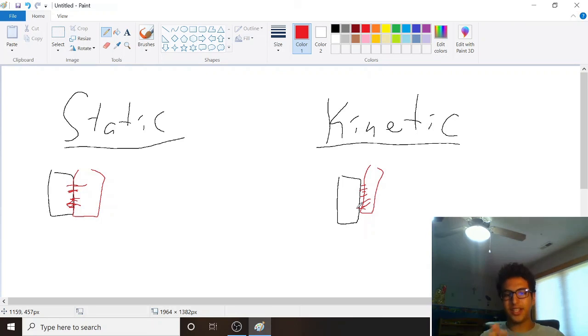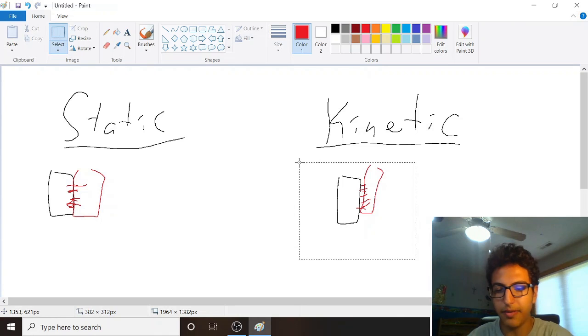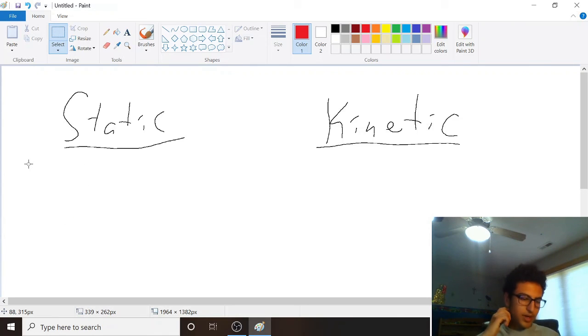All right, and that's due to chemical properties or atomic properties, sliding two things together. But what does this mean? It just means that friction has a lesser effect when stuff is moving. Okay, so what does that mean? It means if you start with a box on the ground, it's really hard to get it to start moving. But as soon as it is moving, then it'll just keep going.